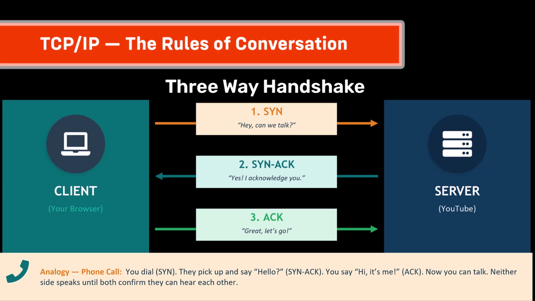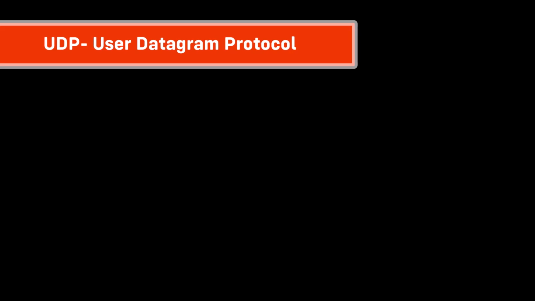Now, in this context, you might hear about UDP, the User Datagram Protocol. Unlike TCP, UDP doesn't do the handshake. It just fires data and hopes for the best. So the handshake mechanism is missing in UDP, and definitely the reliability is missing too. So why would anyone use UDP then? It is because of the speed.